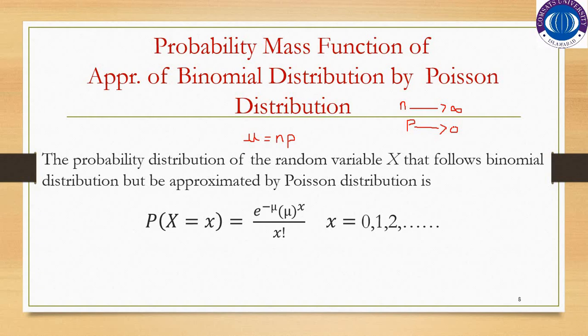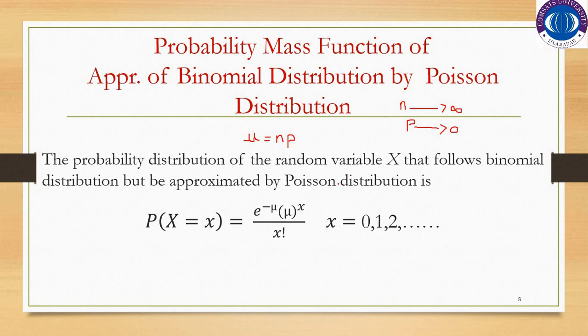So this means that on average the occurrence of that particular event in this much trial will be very minimum and mean will be constant.